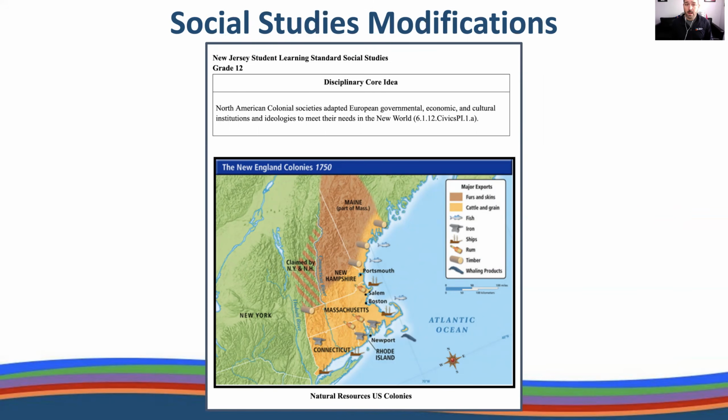Okay, so the concept of colonialism and the idea of a European government, the economy, cultural institutions, ideology, those are all really abstract concepts, right? They're hard to grasp for anybody.